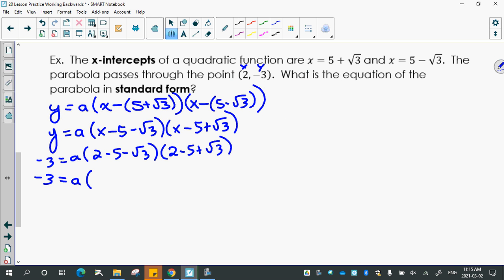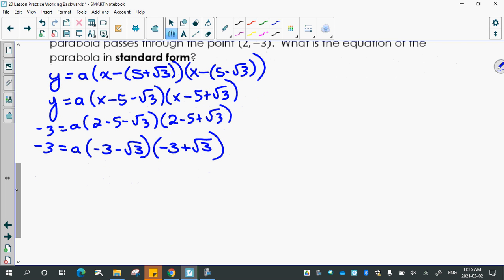But we can still make it less. So we can do 2 minus 5 is negative 3 minus root 3. And 2 minus 5 is negative 3 plus root 3. So now we have to do FOIL on these, okay? In order to figure out what this number actually is.